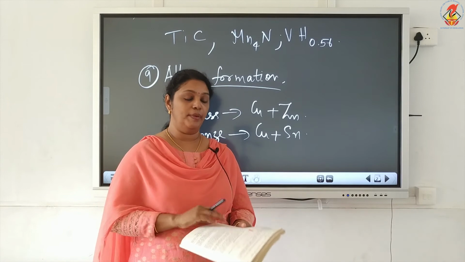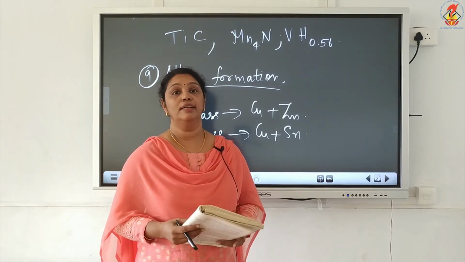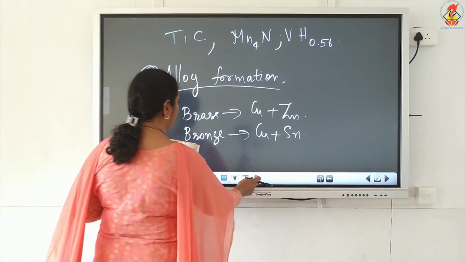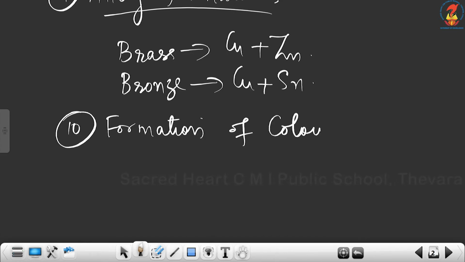Now, the next property of transition elements is the formation of colored ions. So, the next property, property number 10, is formation of colored ions.